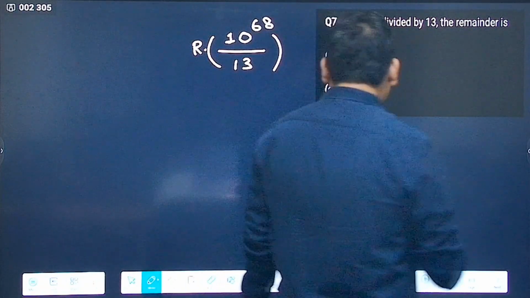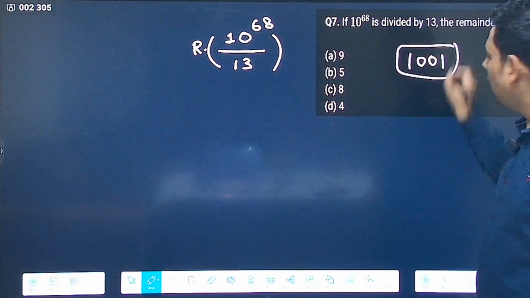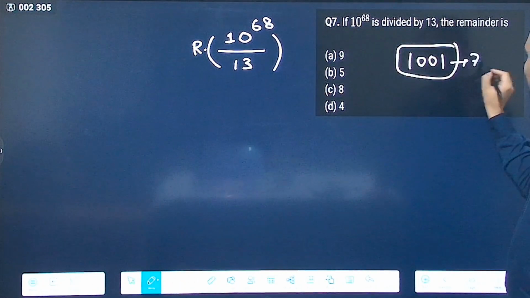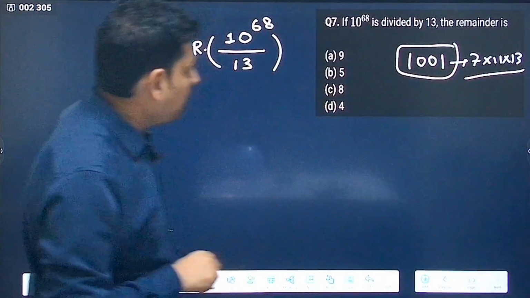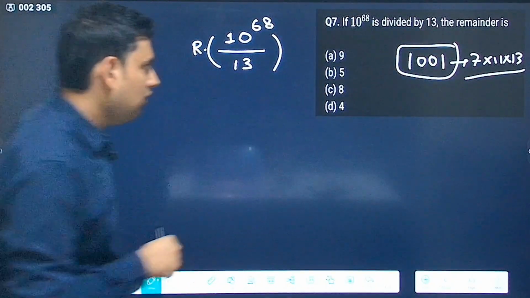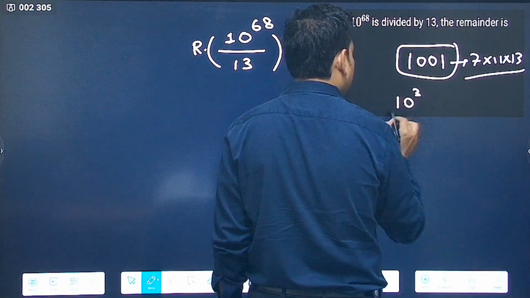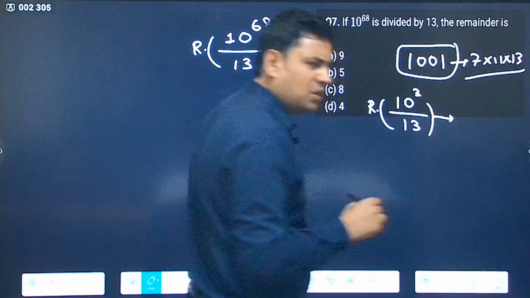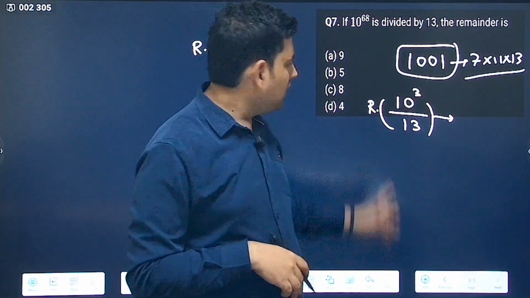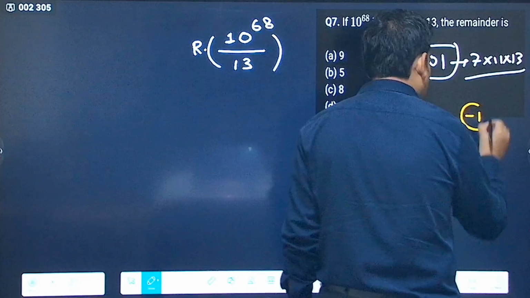One thing I have taught you is special numbers. You remember 1001? What was it? 7 into 11 into 13. Now, doesn't this mean that 10 power 3 when divided by 13 will leave a remainder? What remainder will it leave? It will leave remainder 12, or remainder minus 1.